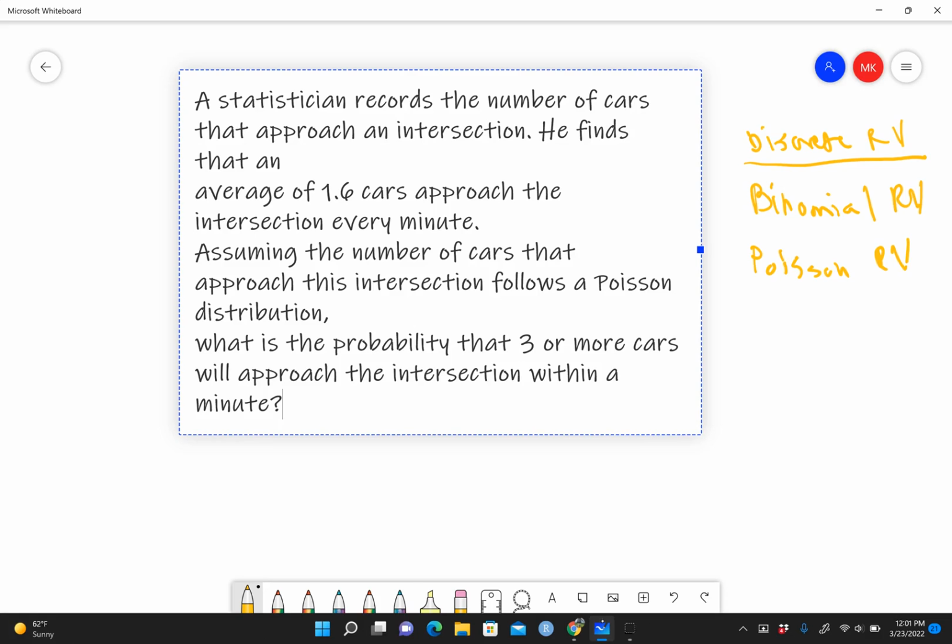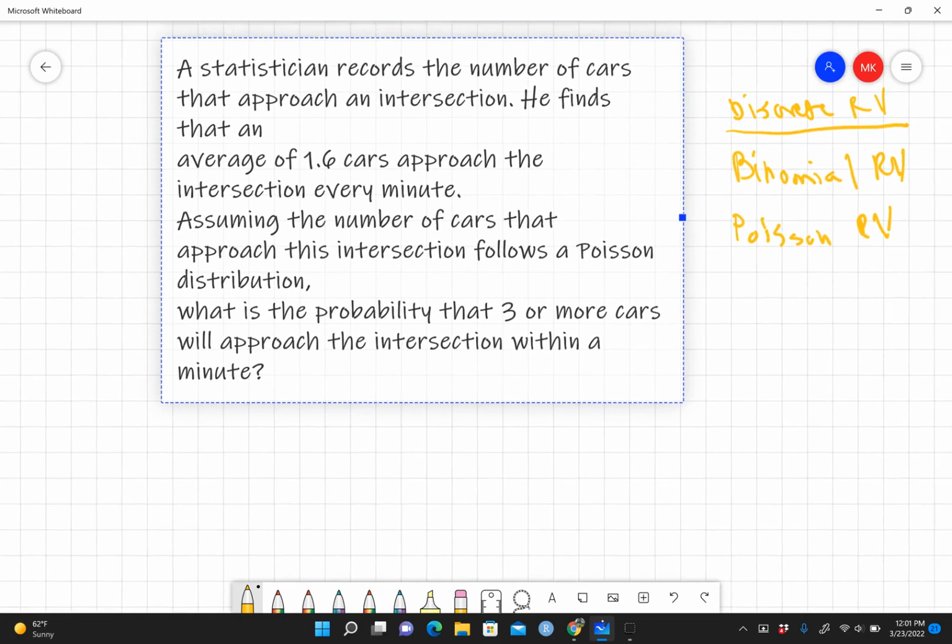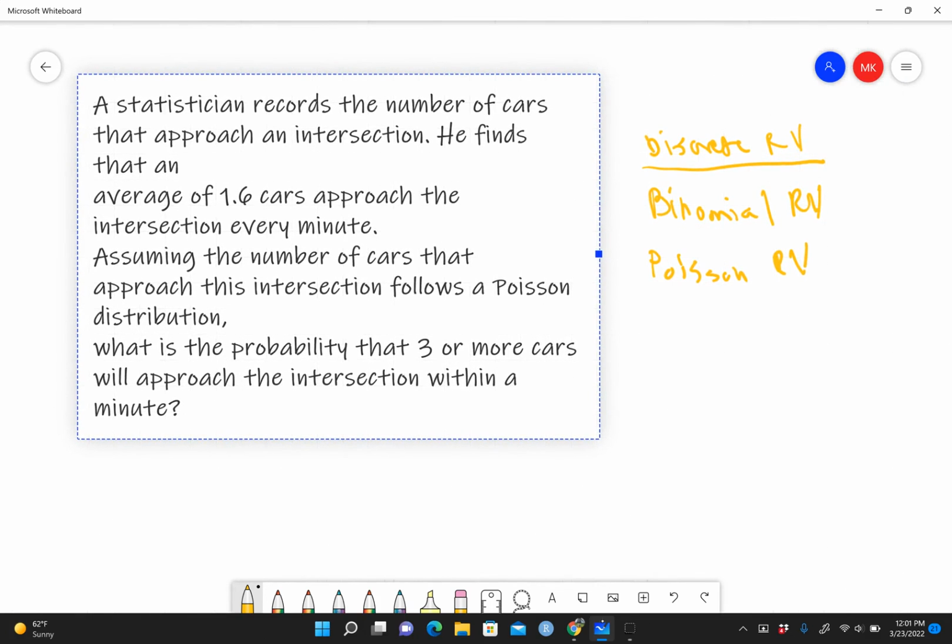Now, you can read more about the theoretical background of the Poisson distribution. Basically, for binomial, we had two parameters. So the parameters were n and p. N would be the number of trials, and p would be the probability of success. But for Poisson, you're going to have just one parameter, and we typically use lambda to denote that parameter.